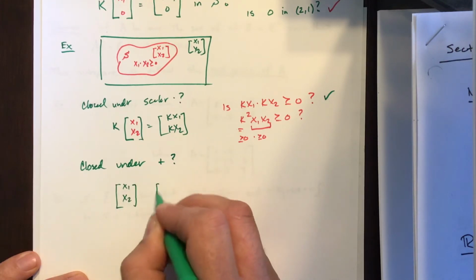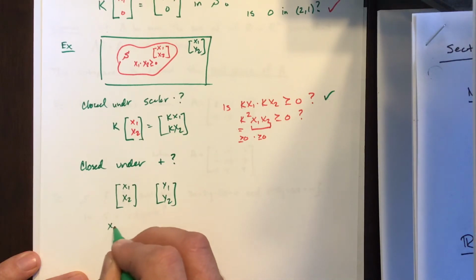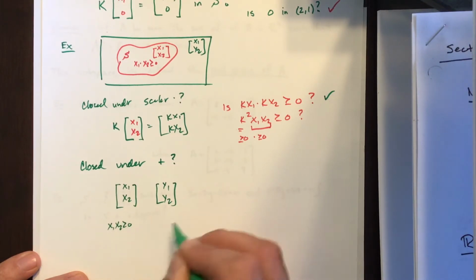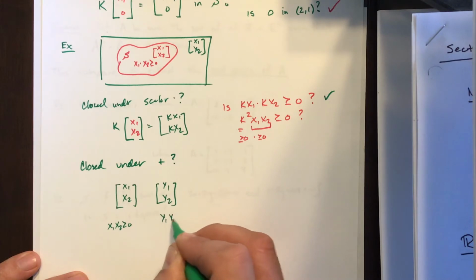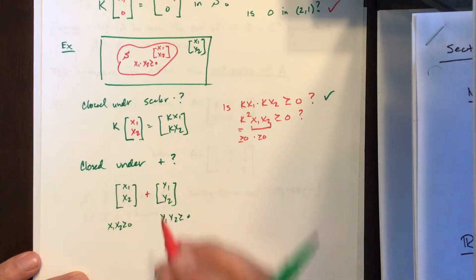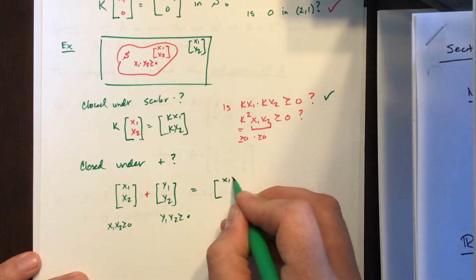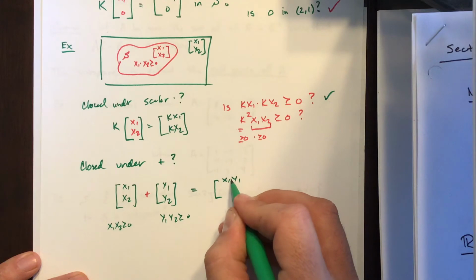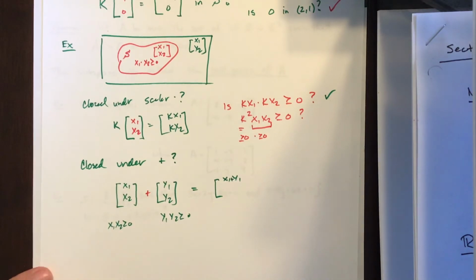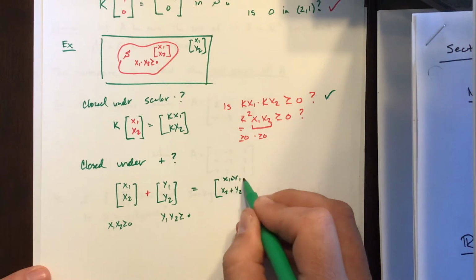Let's make this y1, y2, where x1, x2 is greater than or equal to 0, y1, y2 is greater than or equal to 0. We're going to add those two things together. We will get x1 plus y1, and we will get x2 plus y2.